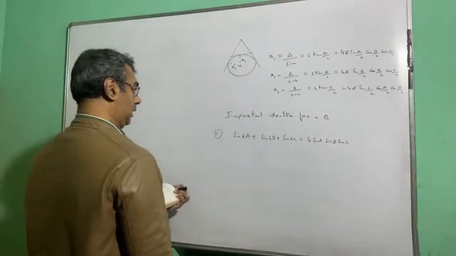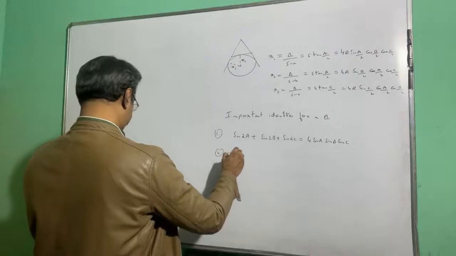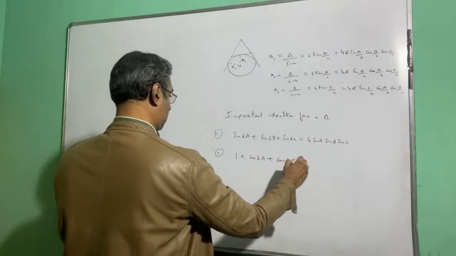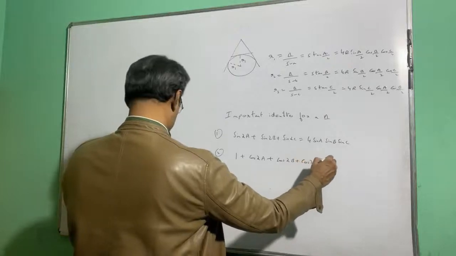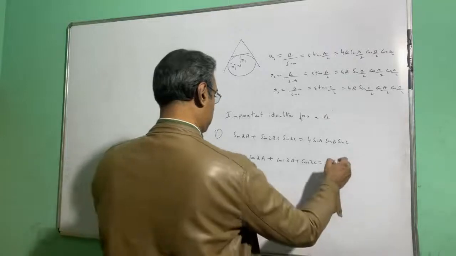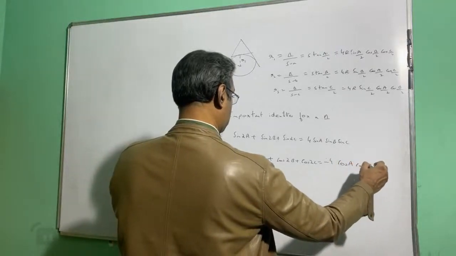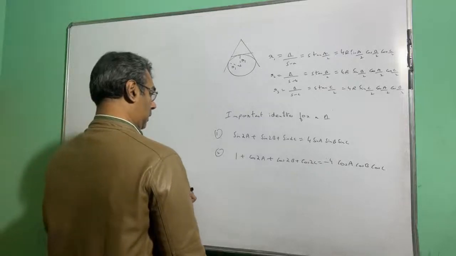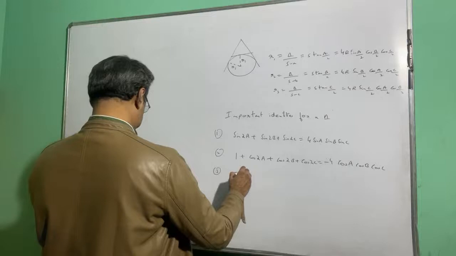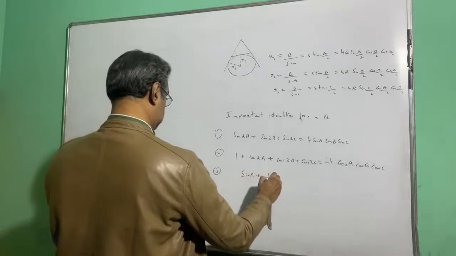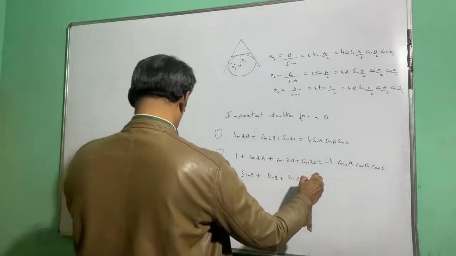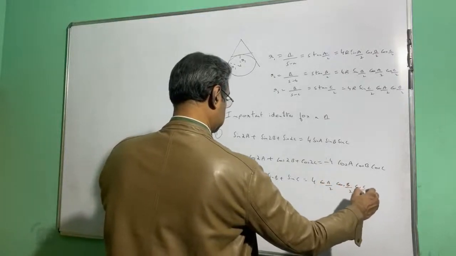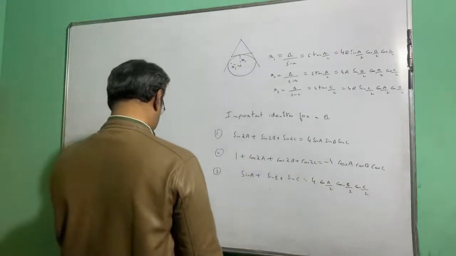So sin 2A plus sin 2B plus sin 2C is 4 sin A sin B sin C. 1 plus cos 2A plus cos 2B plus cos 2C equals minus 4 cos A cos B cos C. Sin A plus sin B plus sin C is 4 cos A by 2 cos B by 2 cos C by 2.